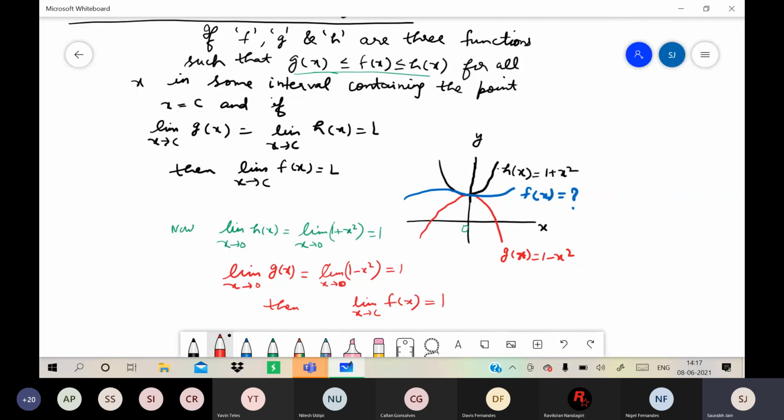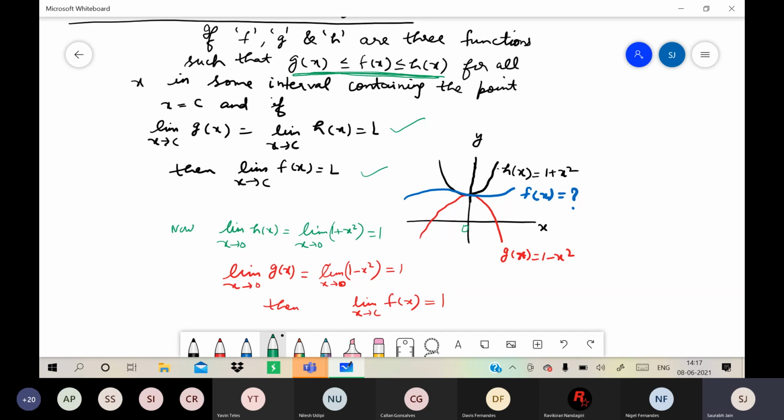So first of all, we need to establish an inequality in g(x), f(x) and h(x) in the question. We'll see through questions how we establish this inequality, and then we will find the limit of the lowest and highest function at a given value of x that tends to c. If both of them come out to be the same, then that will be the limit of f(x) as well.